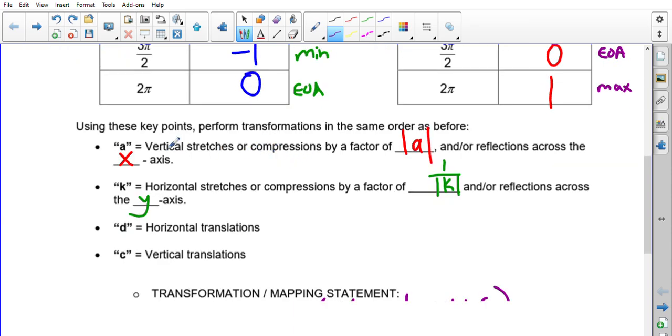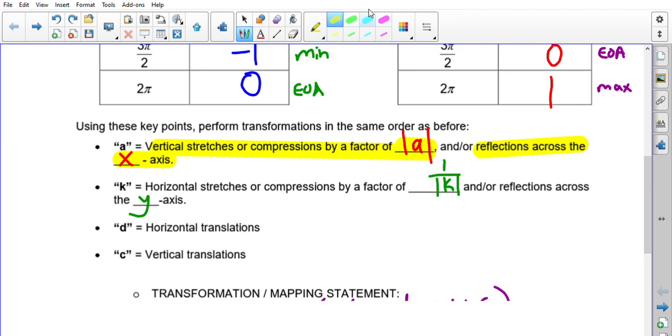Okay, so when we transform those key points, remember A refers to vertical stretches or compressions. Okay. And we say by a factor of the absolute value of A. And it can deal with reflections across the x-axis. So that is if A is negative.